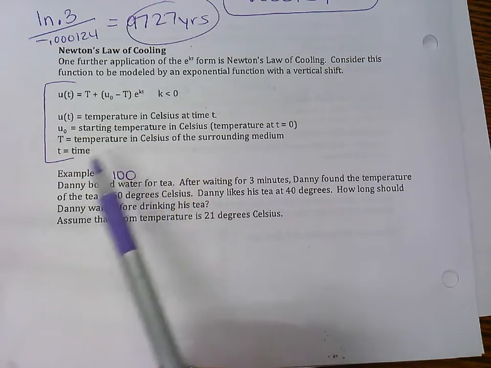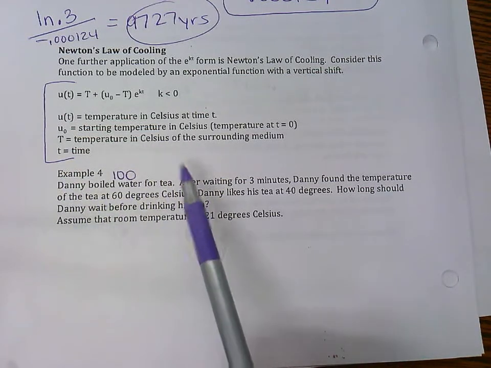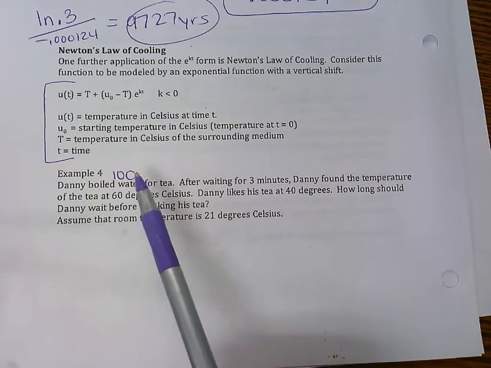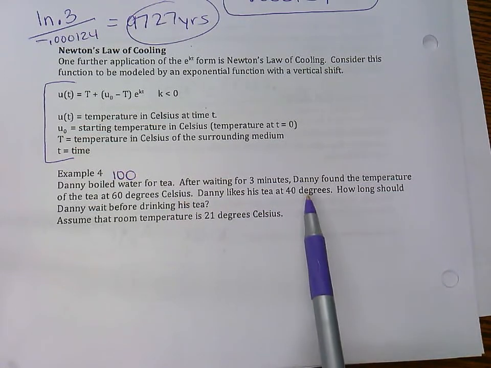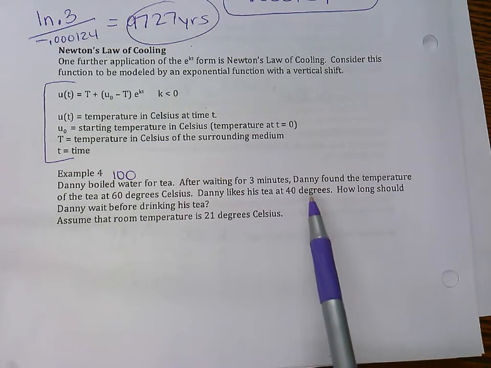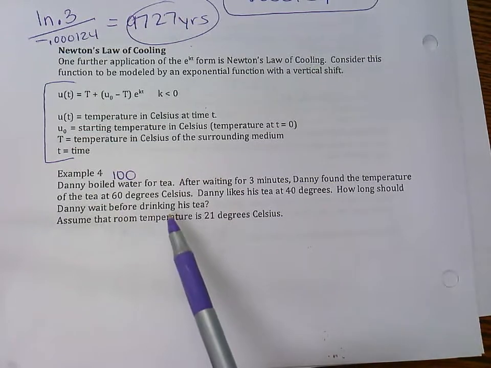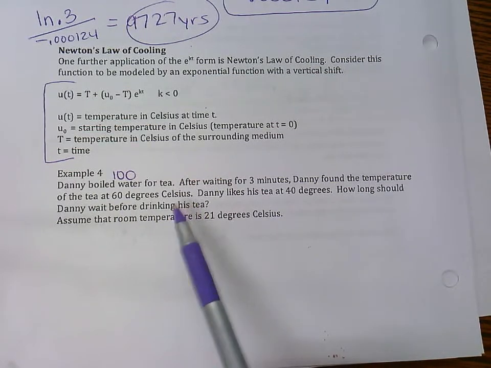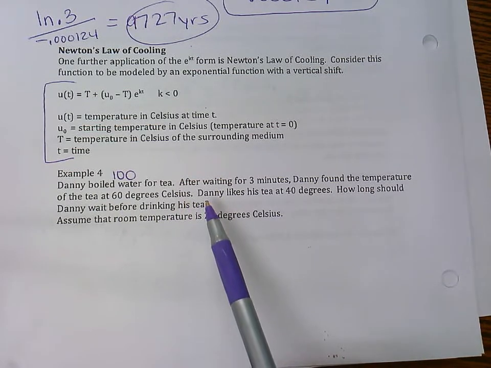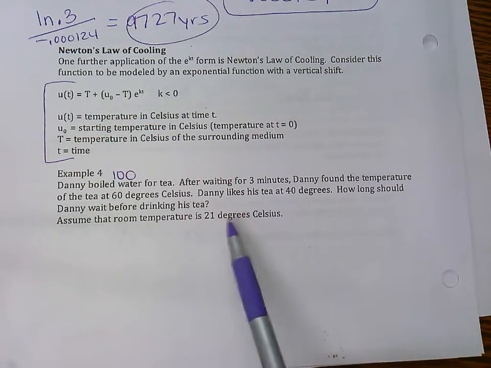So he's going to calibrate his cooling k constant. And then if he likes his tea at 40 degrees, or if this is a restaurant and they want to serve tea or coffee at 40 degrees, how much longer should they wait before serving the tea? And it says assume room temperature is 21 degrees Celsius.